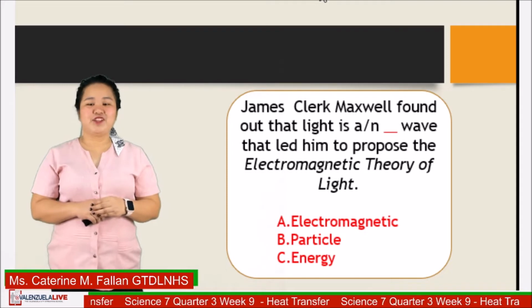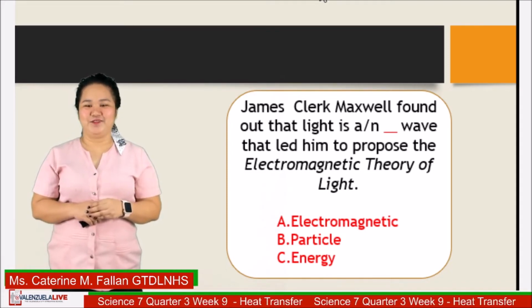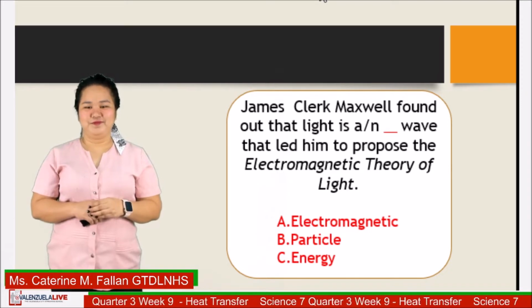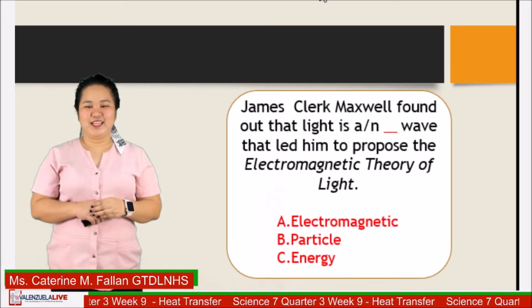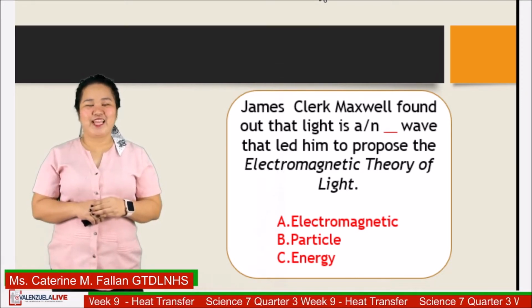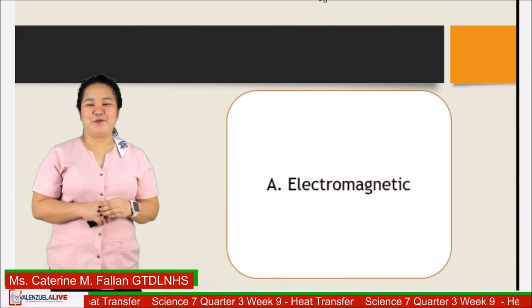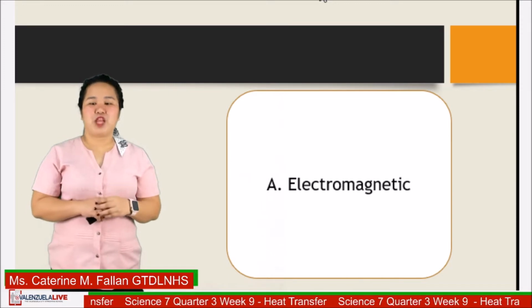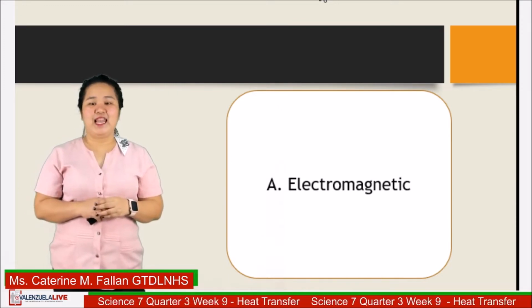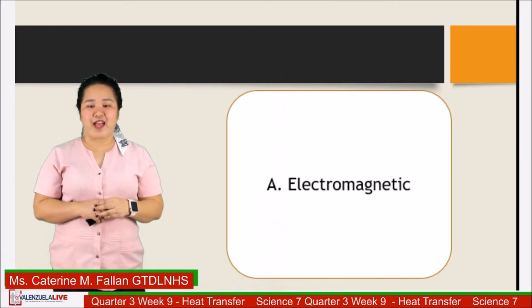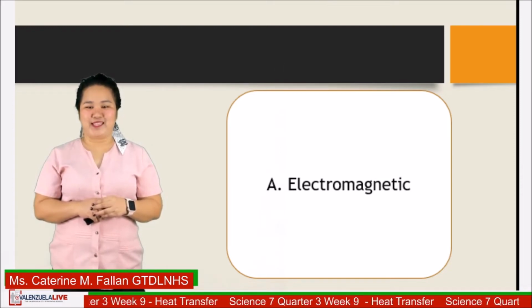Use the comment section to type in your answer. Let us now reveal the correct answer. Letter A, electromagnetic. According to James Clerk Maxwell, light is an electromagnetic wave that can travel in a vacuum or empty space.